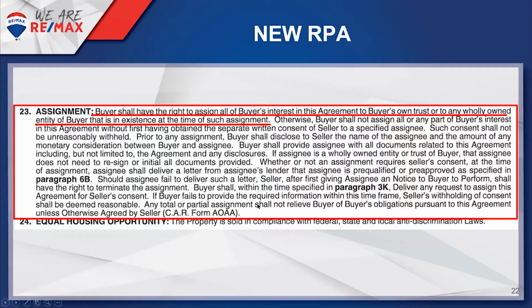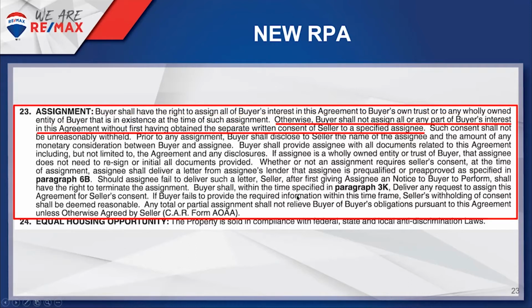But the seller cannot refuse to grant that. So if a buyer is deciding to buy it into their own trust, or if the buyer wants his own LLC or his own corporation to buy the property, and it's wholly owned by the buyer, then that is an automatic approval process, if you will, that cannot be turned down.